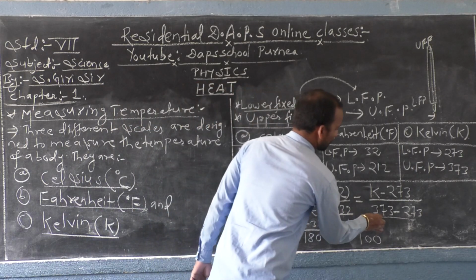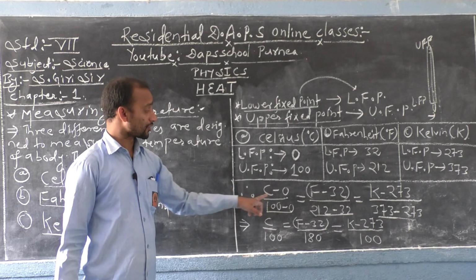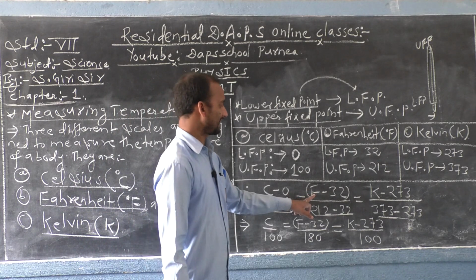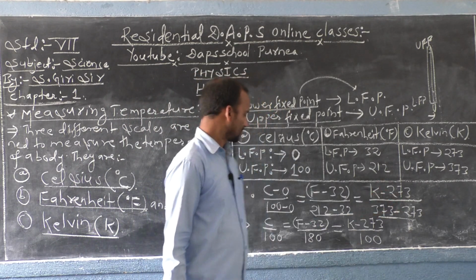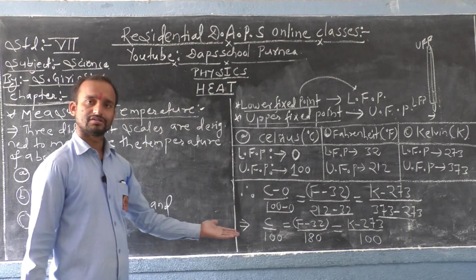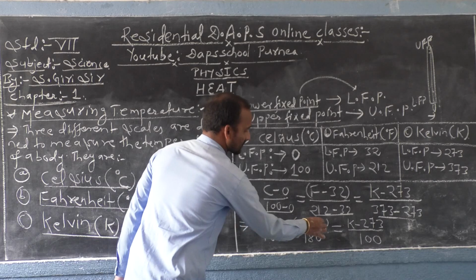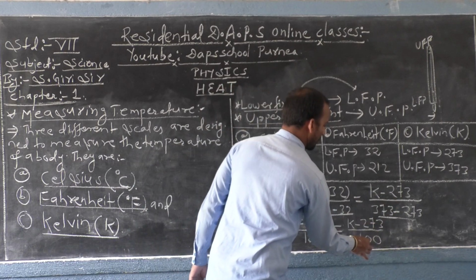In the numerator you take the scale reading minus the lower fixed point: F minus 32, K minus 273. Now when you solve this, you get C by 100, F minus 32 by 180, and K minus 273 by 100.